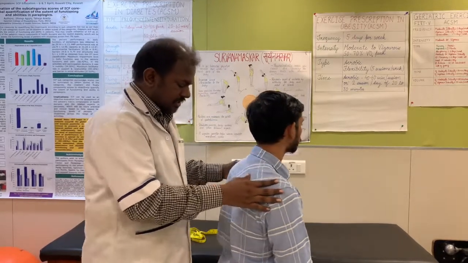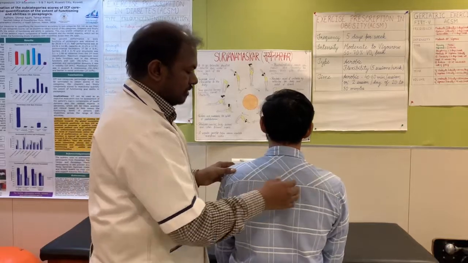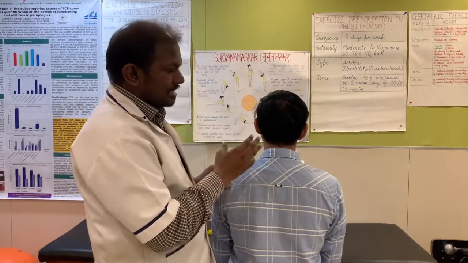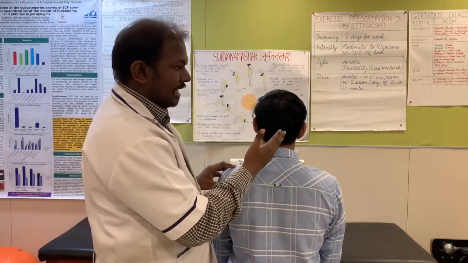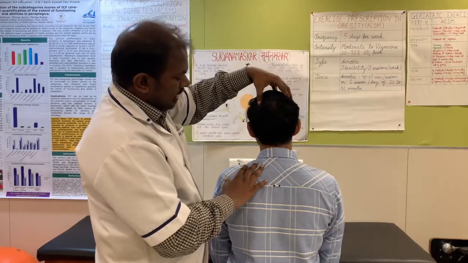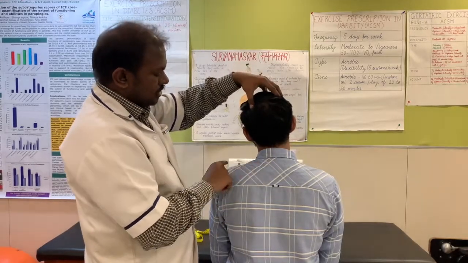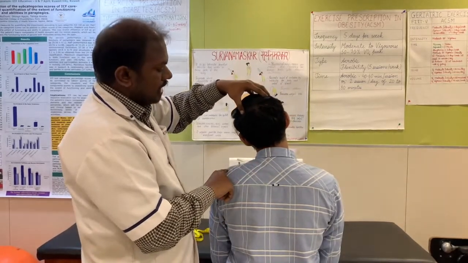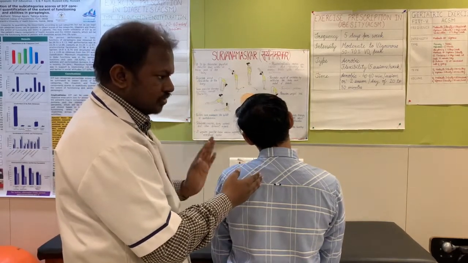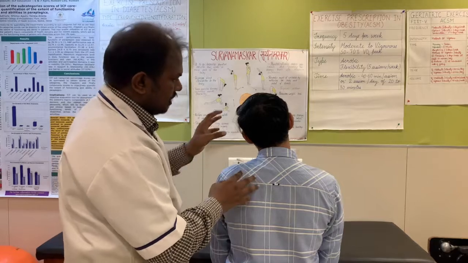Similarly, we'll see the normal motion of cervical lateral flexion. Cervical lateral flexion means bending laterally towards one side. Your ear touching the shoulder, here the left side, is left cervical lateral flexion.